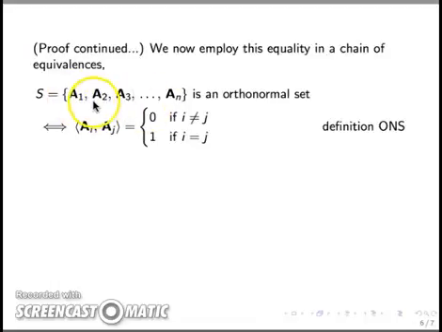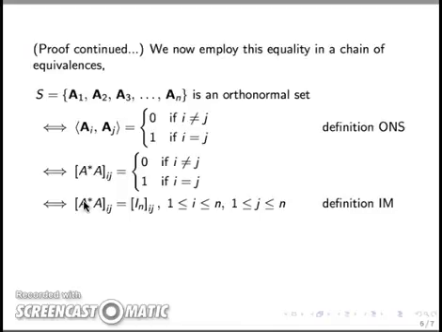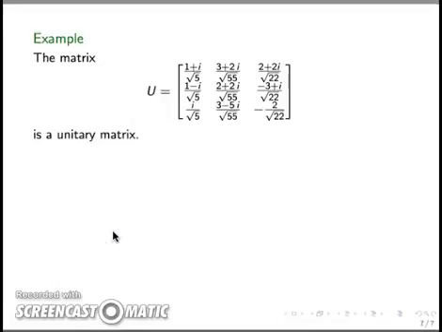The set of columns is orthonormal if and only if this inner product is 0 or 1, and we saw how these definitions are connected to the definition of the ijth entry. That is consistent, and therefore it's not difficult to conclude, with a sequence of if and only if statements, that orthonormality has to do with the property of being a unitary matrix.